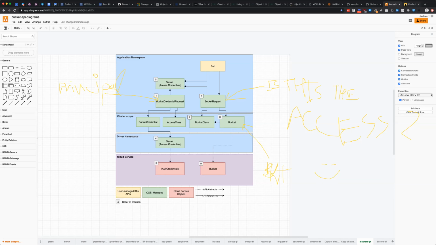But whether or not I can know about a bucket is entirely a Kubernetes level problem, right? So this would be the question of, am I allowed to put a bucket request against a bucket? That is the Kubernetes level problem. But whether or not my particular application can access that bucket is the problem of this bucket access, the left-hand side.